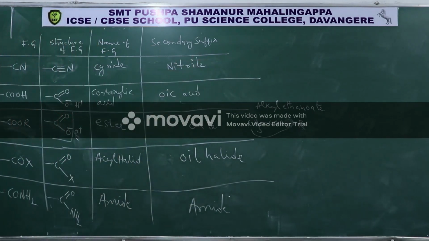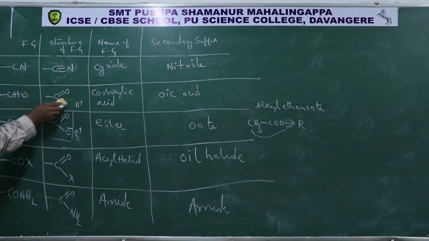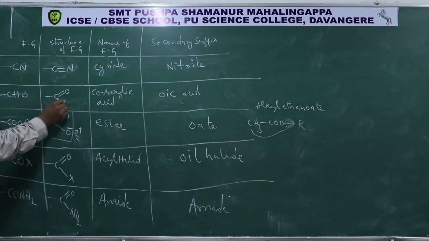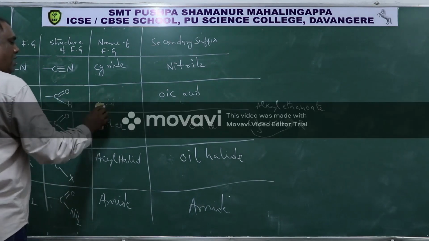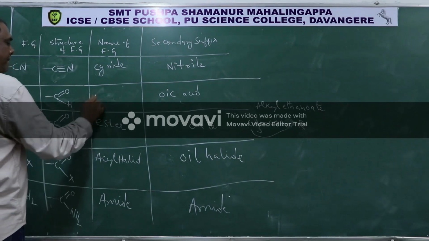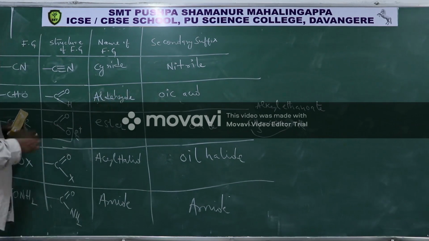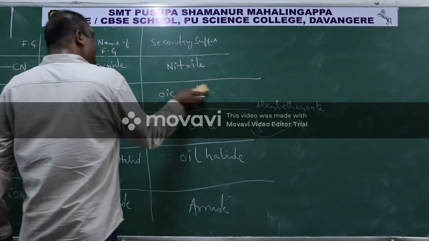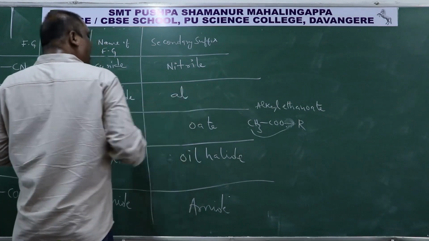Secondary suffix is nitrile. Now functional group is CHO. Structure is C double bond O H. Name of the functional group is aldehyde. Then secondary suffix is al.